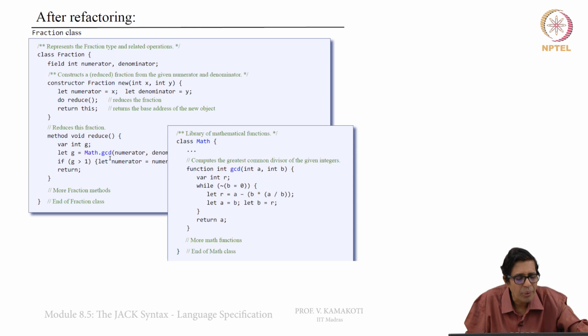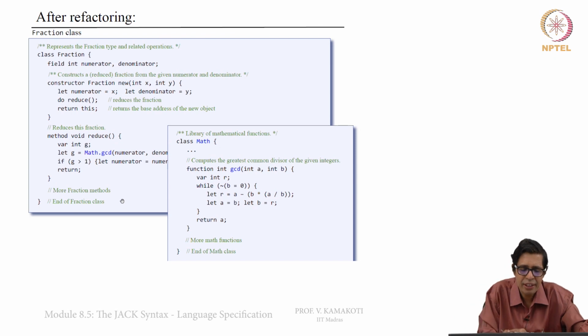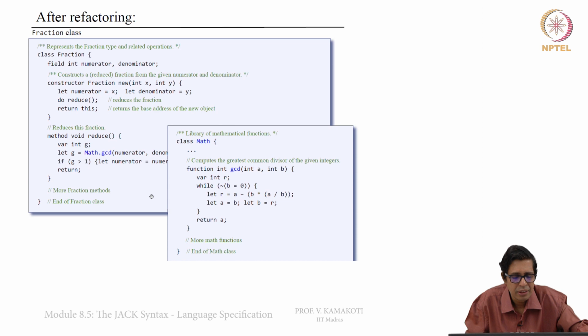So there was one small correction to what I told earlier. A function can also be used by an external user. I said only methods can be used, but a function can also be used by the external user. So this is a math class.